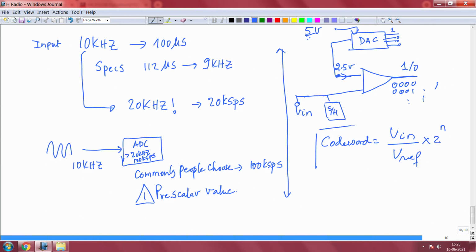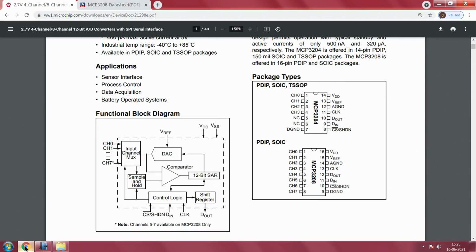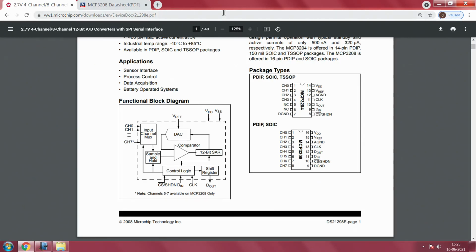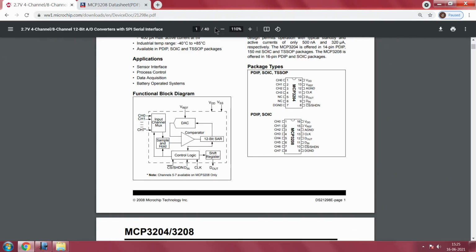This is the basic expression which everybody starts off with when we talk about ADCs. So let us come back here. You see, this functioning we now know very well. Beautifully we have understood how the ADC works. Still we have not yet figured out how to interface this ADC.